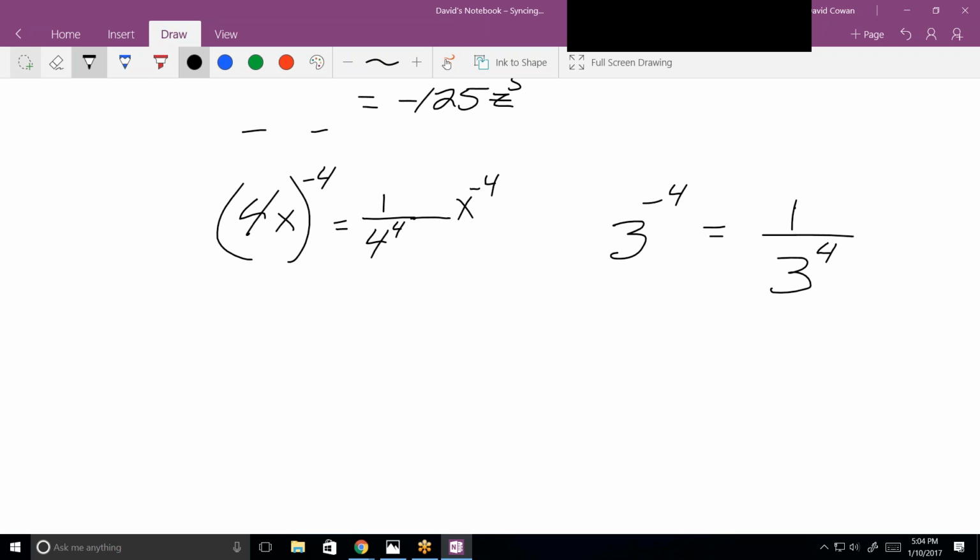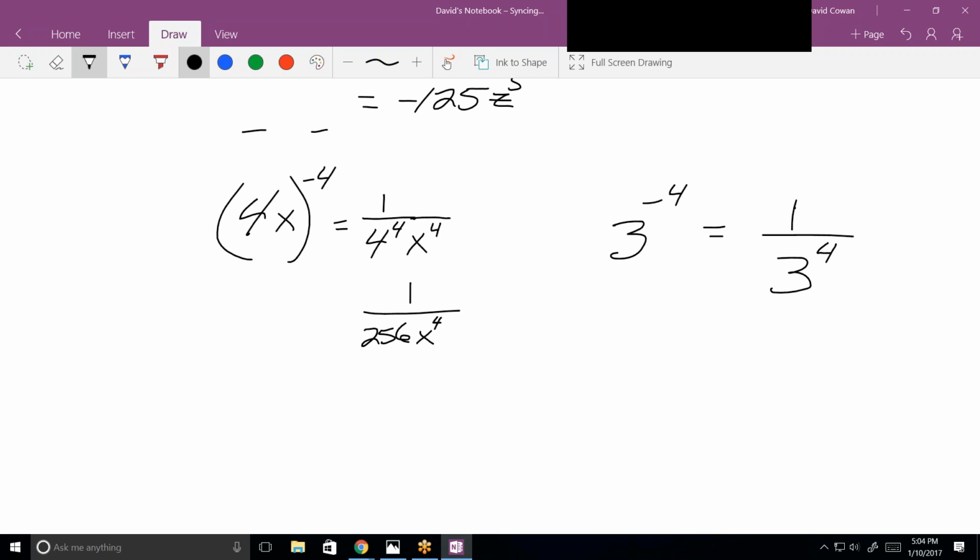However, frequently they will want you to give your answer with all positive exponents. And so instead of putting it in the numerator, I'm going to put it in the denominator like that. And then 4 to the 4th, I believe, is 256. So 1 over 256 x to the 4th.